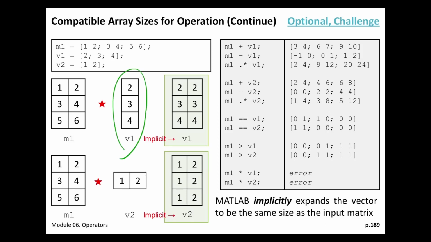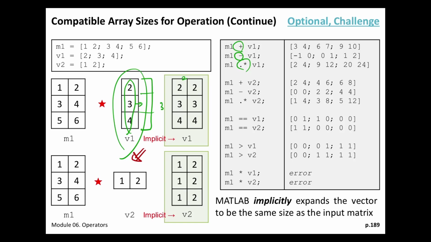That's why, for every operation like plus, minus, multiplication, dot multiplication, this one is implicitly expanded to a 3 by 2 matrix by replicating this column to the second column. Make sense? What about this one?